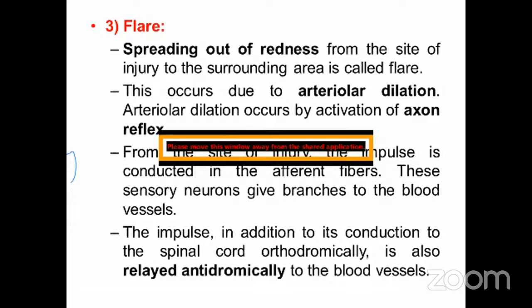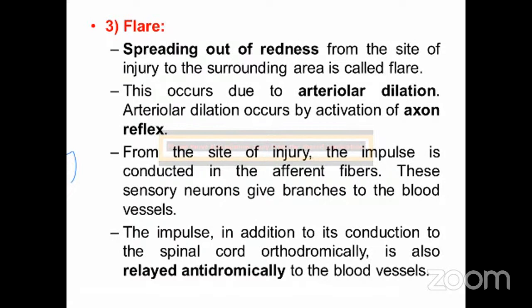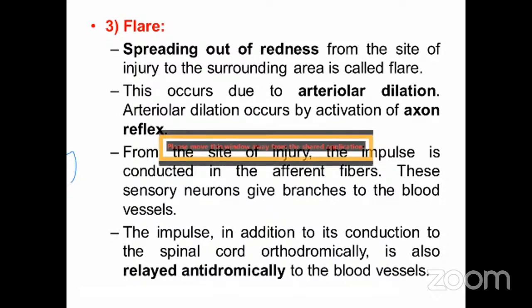Axon reflex. If there is a short note on axon reflex, you can also write this. Arteriolar dilatation occurs because of the activation of the axon reflex from the site of injury. The impulse is conducted through the afferent fibers, and these sensory neurons give branches to the blood vessels.